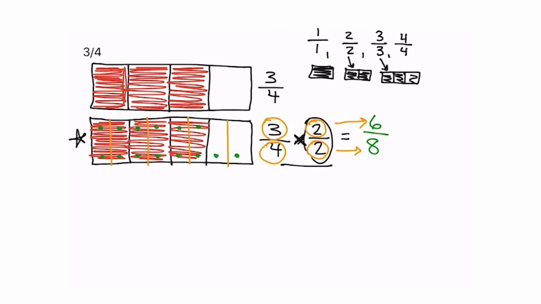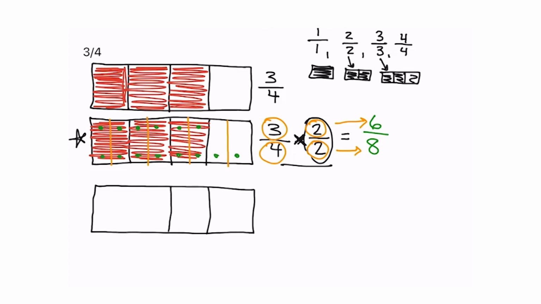Interesting, right? So there's a picture model I can do, and there is a mathematical way that I can write an expression. So let's try that with another one, still looking at 3/4 as our model.